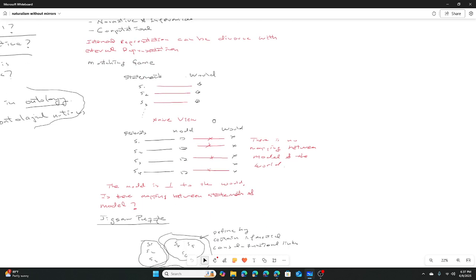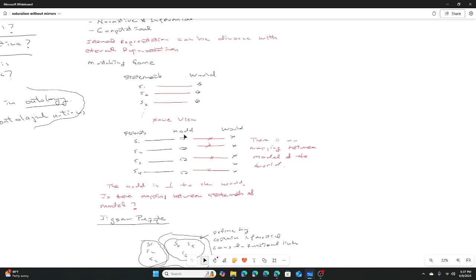Instead, the author is saying that we should have a new category between the statements on the left hand side and the facts about the world on the right hand side. In between the statements and the world are the models.